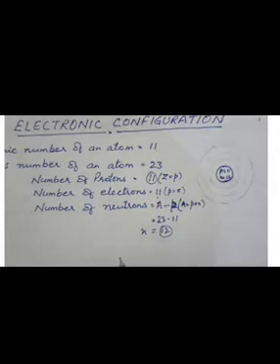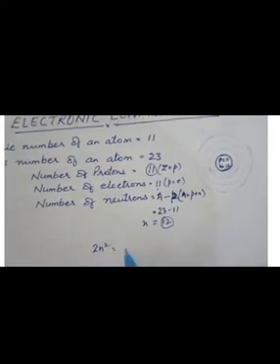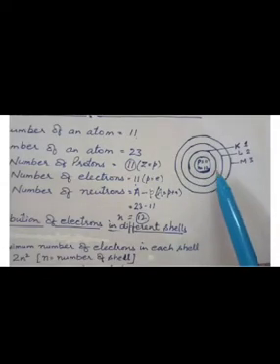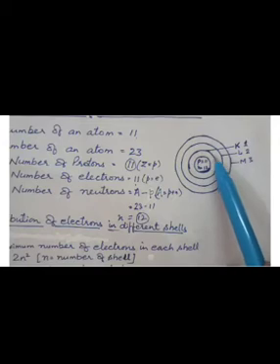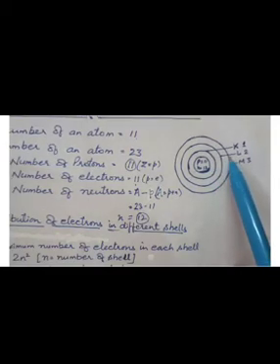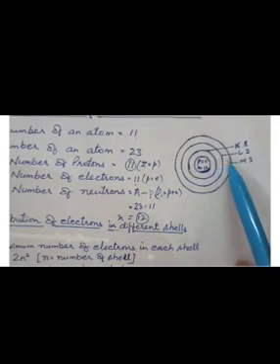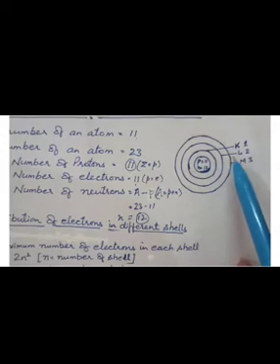For that, he gave a formula, and that formula is 2n square, where n is the number of the shell. According to Niels Bohr, these shells or orbits are also called energy levels.